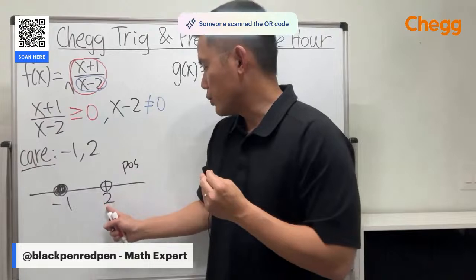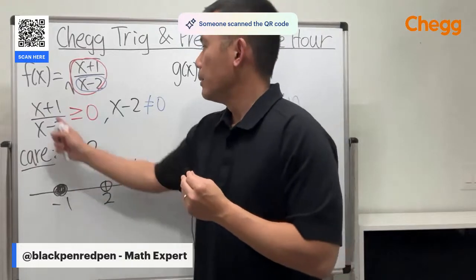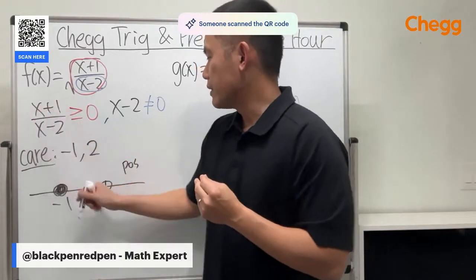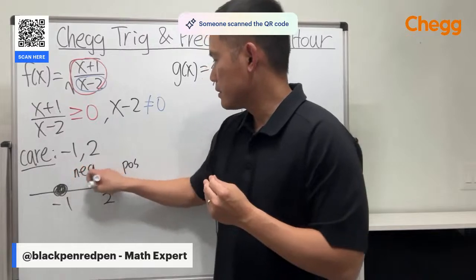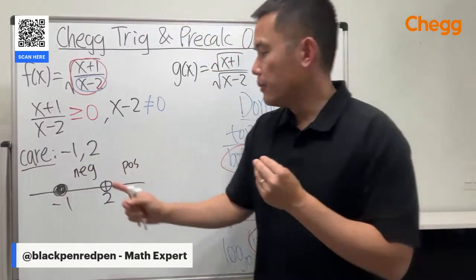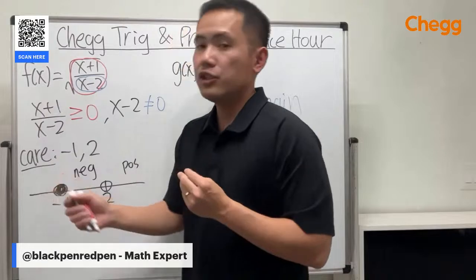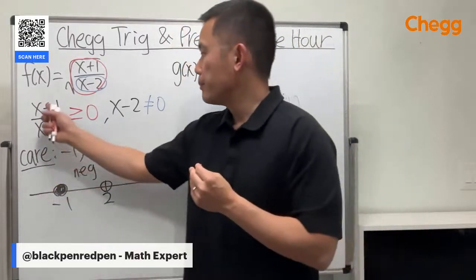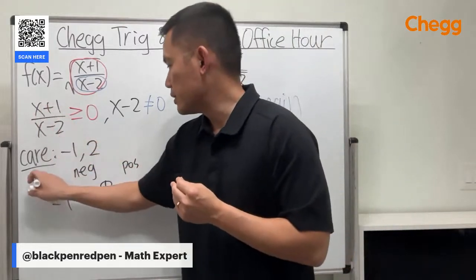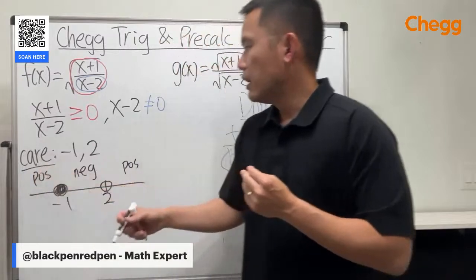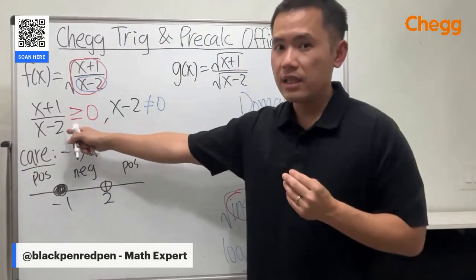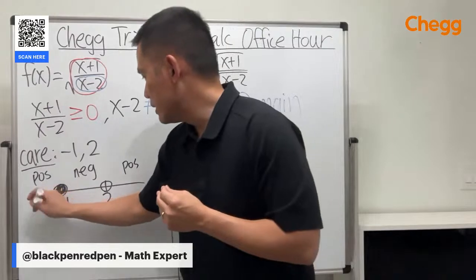If you pick a number in between -1 and 2, say 0, you get -1/2, which is negative. Lastly, if you pick a number less than -1, such as -3, you end up with a positive result. And our goal is to look for the non-negative parts.